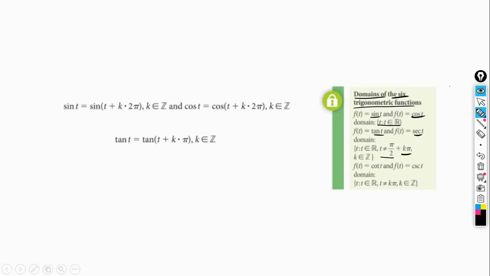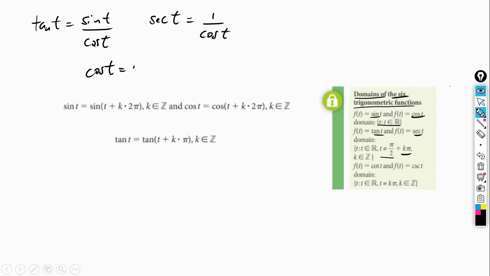Well, notice that tangent of t is equal to sine of t over cosine of t. And also, we know that secant of t is the reciprocal of cosine. So this is going to be 1 over cosine of t. So this is going to be undefined in both cases every time cosine of t is equal to 0.